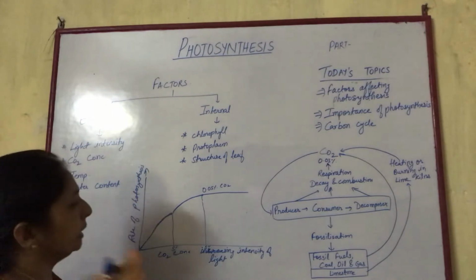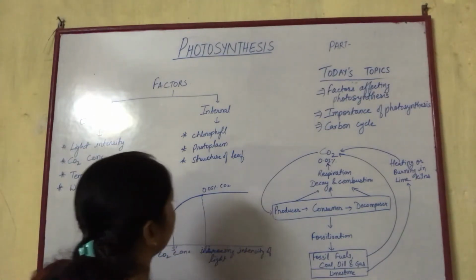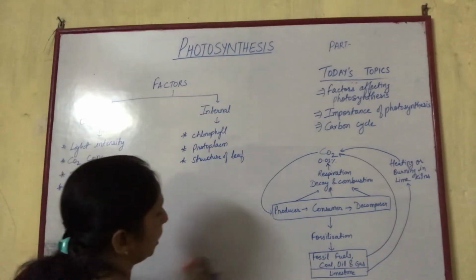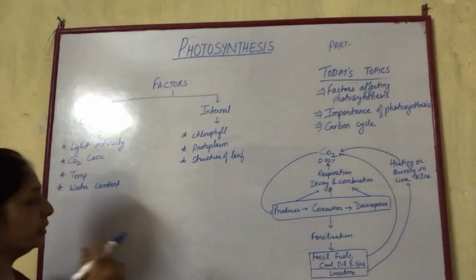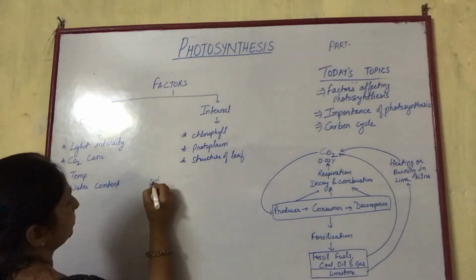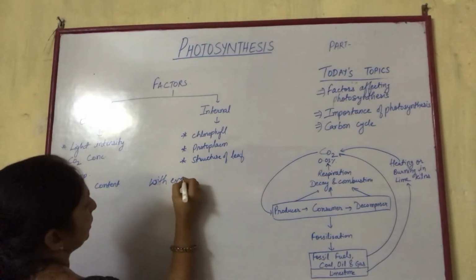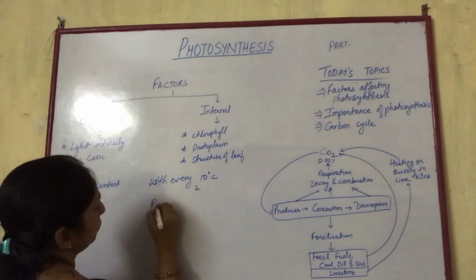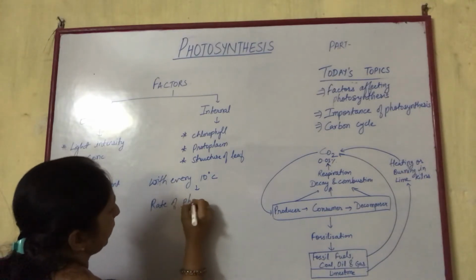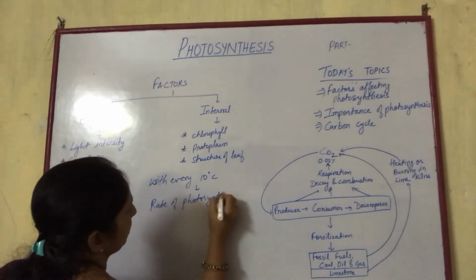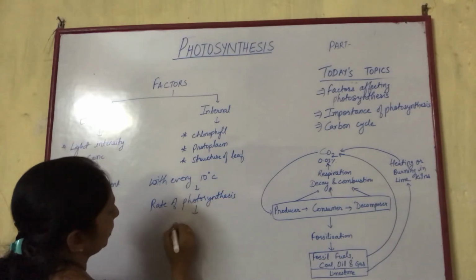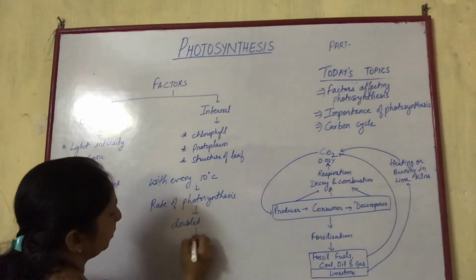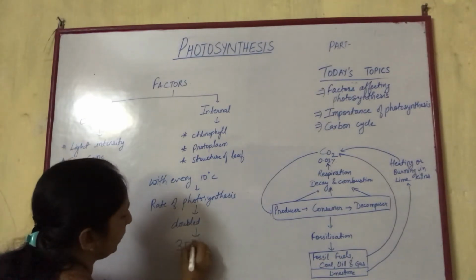Then temperature. The rate of photosynthesis is dependent on temperature. With every 10 degree rise of temperature, the rate of photosynthesis gets doubled, but only up to 35 degrees Celsius.